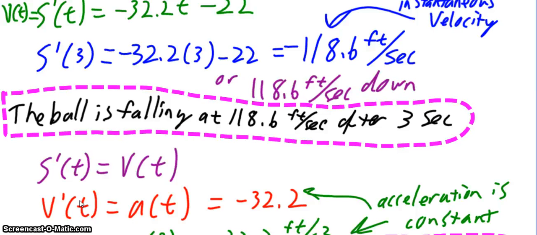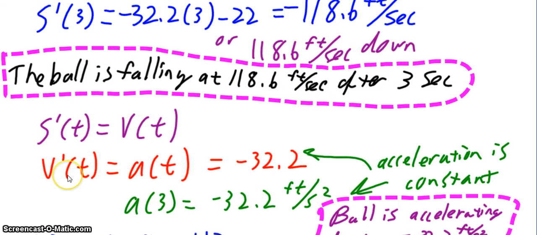You are moving at a constant velocity, so you are not accelerating or decelerating. But as soon as you push on the gas or push on the brake, then you're going to have some sort of acceleration, which is changing your rate of velocity. So it's the rate of change of velocity. So acceleration is the rate of change of velocity.